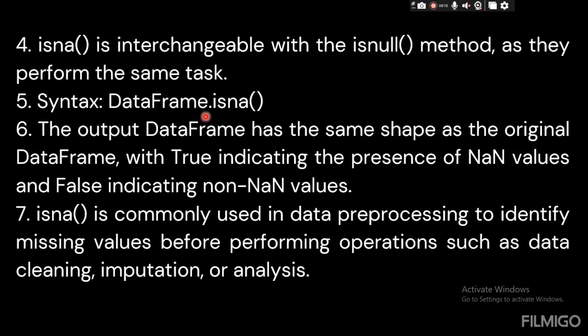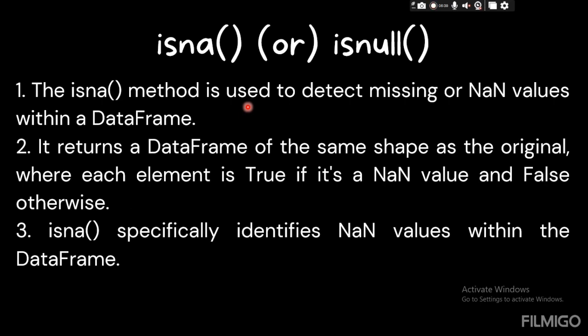First thing we need to remember about these methods is that these two methods are used interchangeably, meaning using the isna method or the isnull method results in exactly the same output. So these methods are same. Second thing is these methods won't take any parameters. These methods are just used with data frame objects.